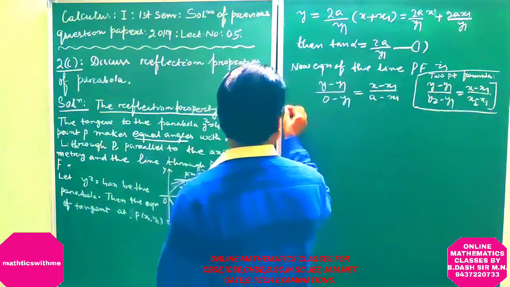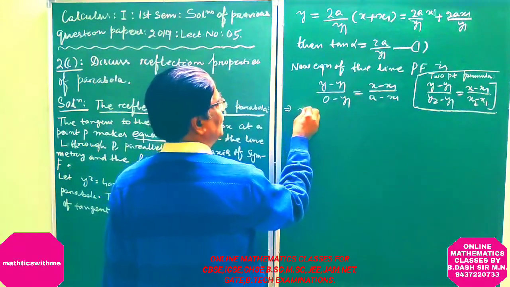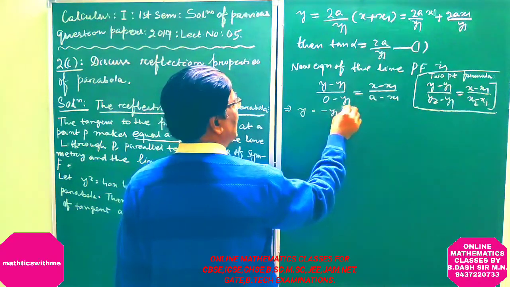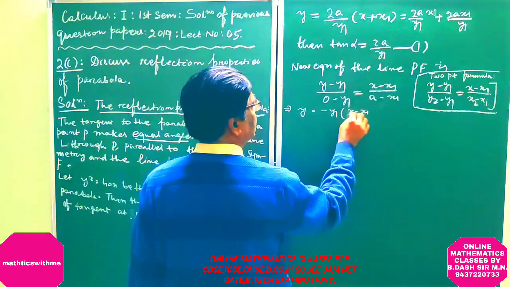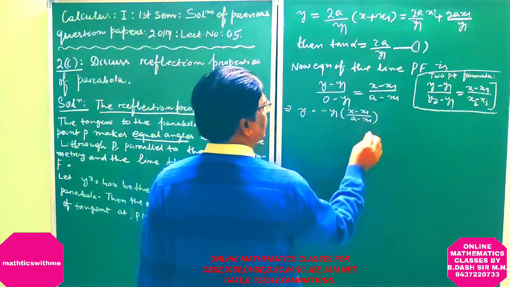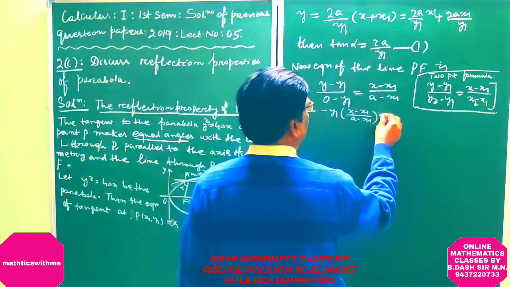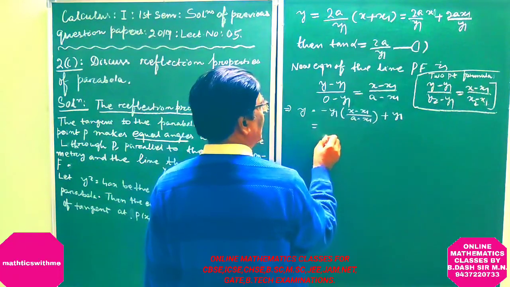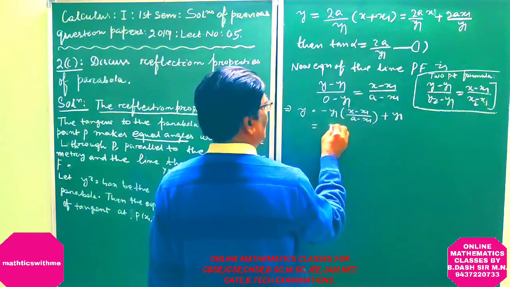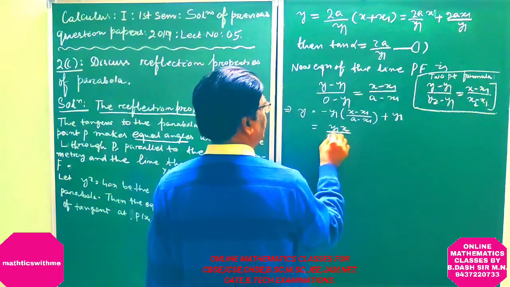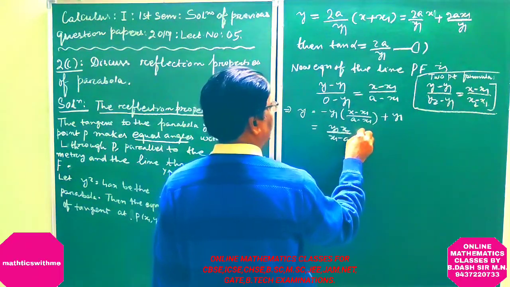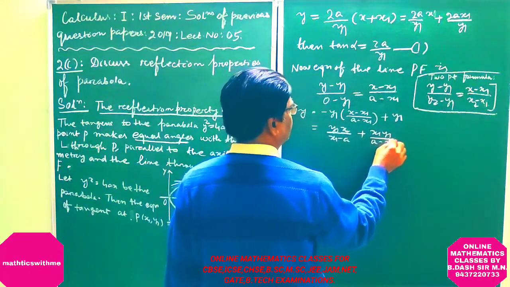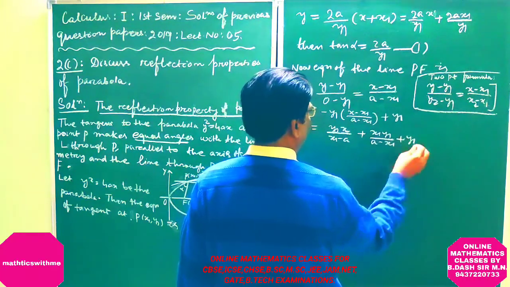So this implies y is equal to y1 by x1 minus a, into x minus x1, plus y1. This is equal to y1 x by x1 minus a plus x1 y1 by a minus x1 plus y1.